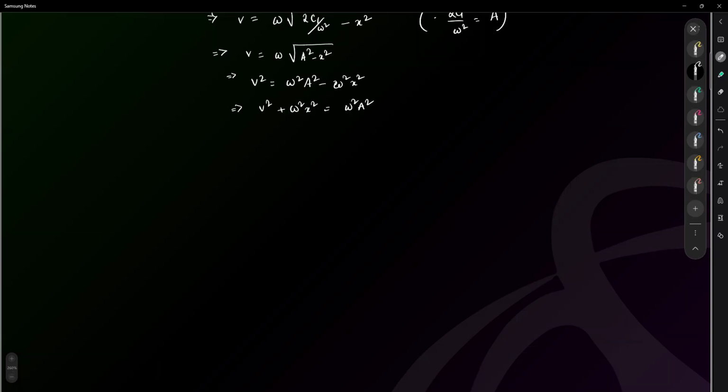Now divide both sides by omega square a square. So I will get v square by omega square a square plus x square by a square equals to 1.